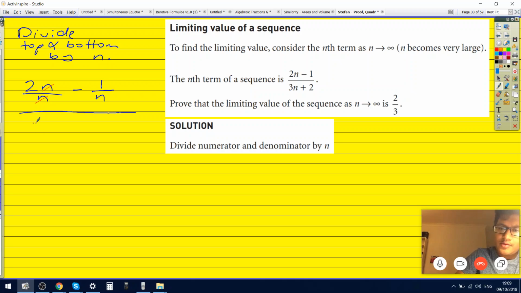And then we divide the denominator. So we have 3n divided by n is 3. 2 divided by n is just 2 over n. So that would be 2 minus 1 over n over 3 minus 2 over n.